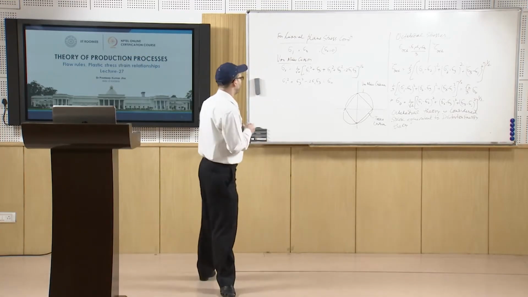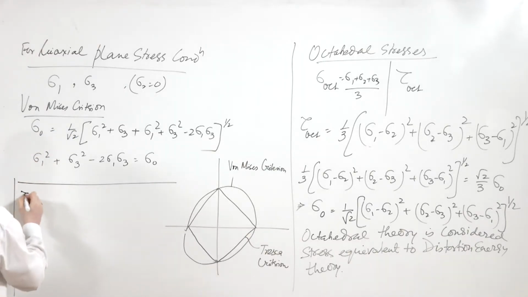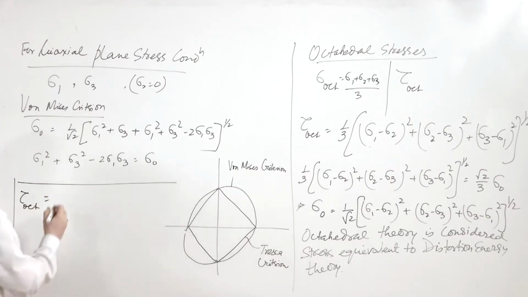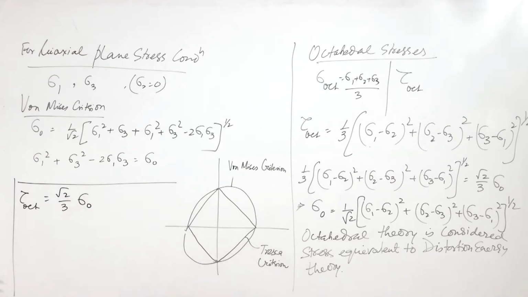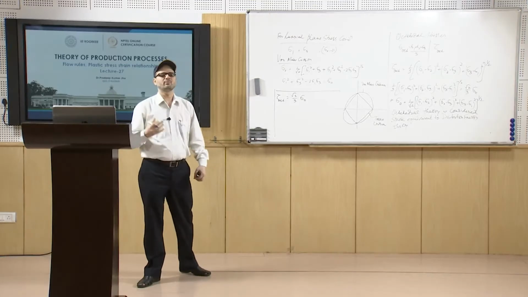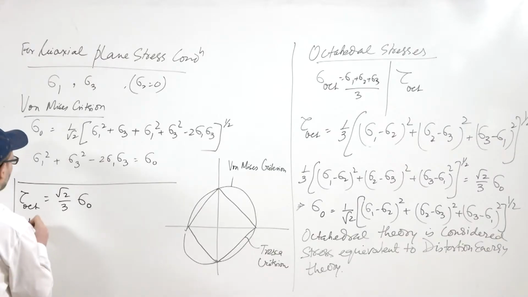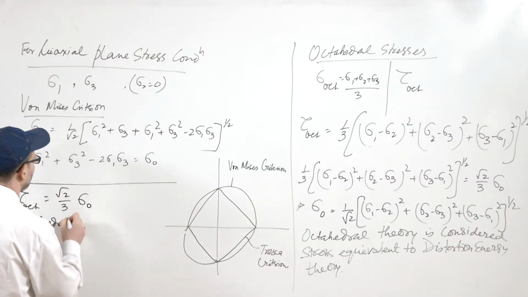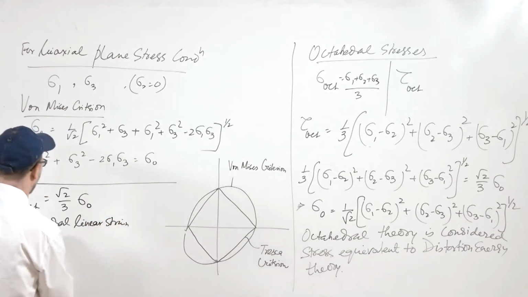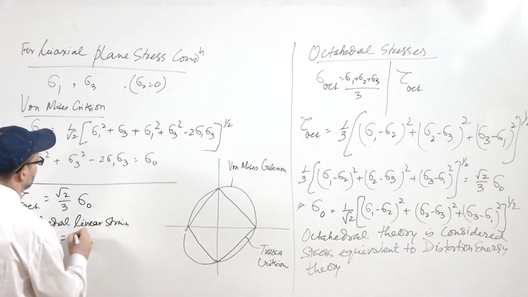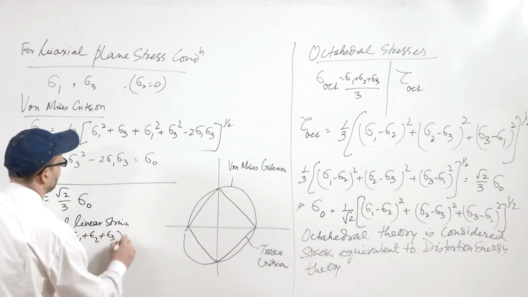So, what we found is that in the case of octahedral shear stress, you get root 2 by 3 sigma naught. And when we talk about the octahedral linear strain, that will be defined as (epsilon 1 plus epsilon 2 plus epsilon 3) by 3.